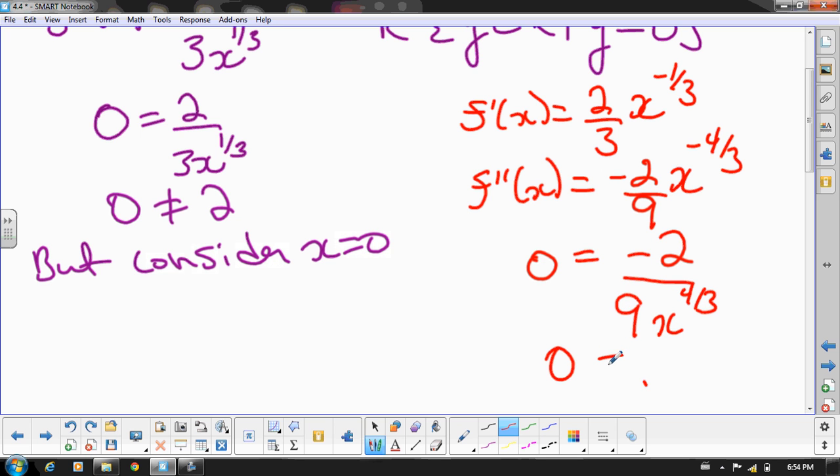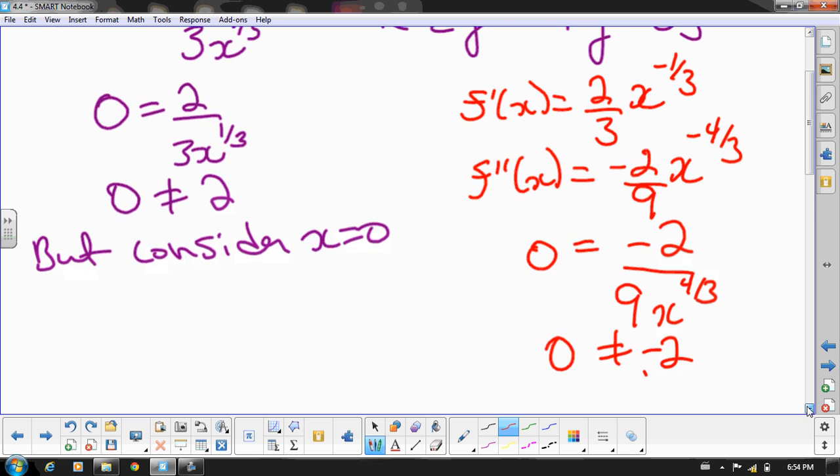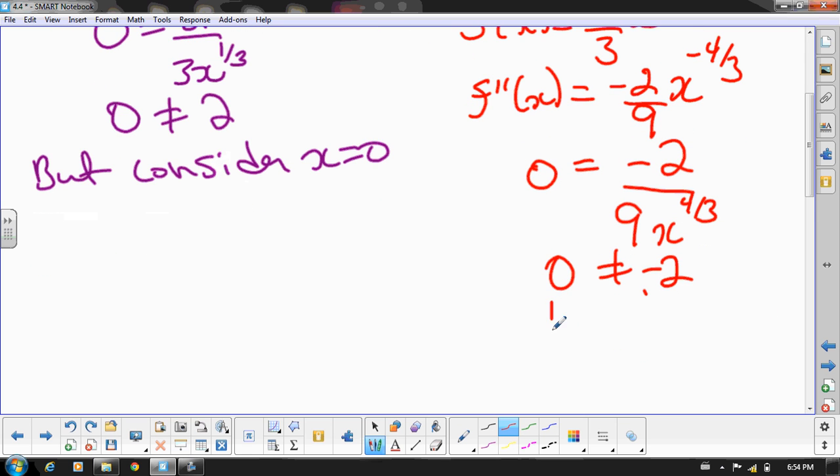Once again, 0 does not equal negative 2. But consider x equals 0. Because now all of a sudden there's a restriction in this denominator for that particular derivative. So I'm going to do a little interval table.